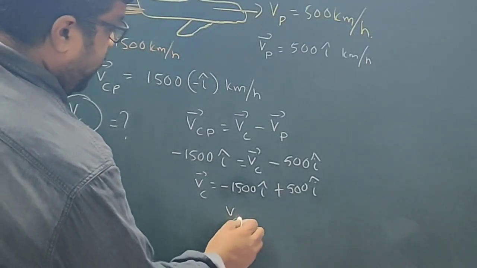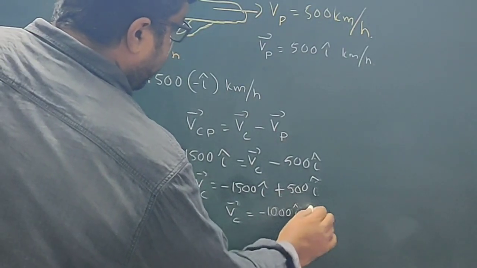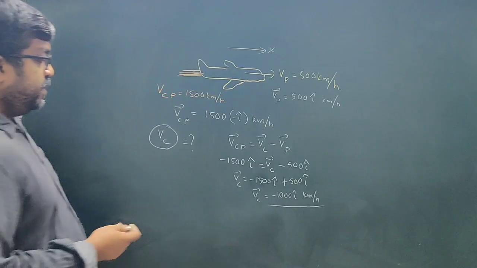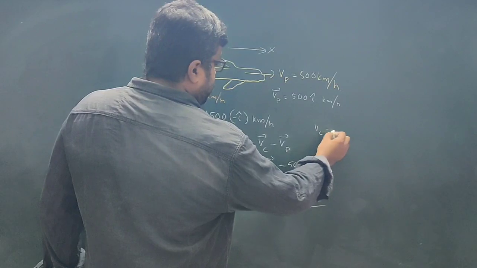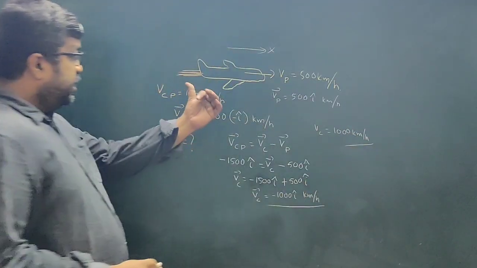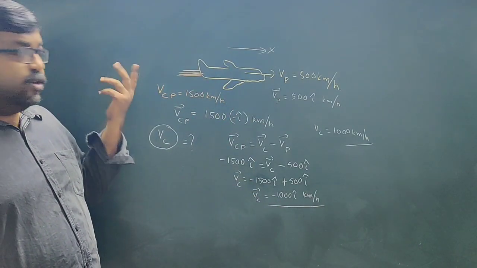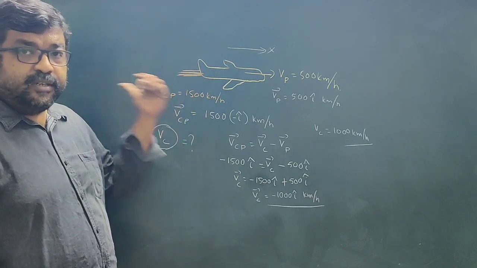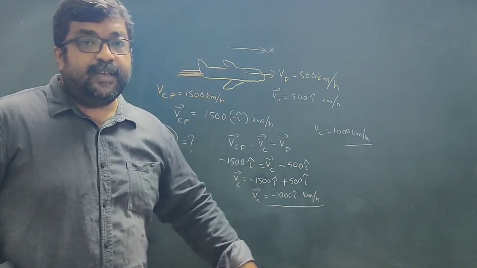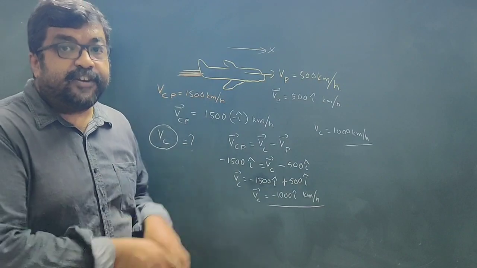So this gives Vc is equal to minus 1000 i cap km per hour. So that means the speed Vc is 1000 km per hour in this direction. This minus sign shows that the velocity is in this direction. Obviously, combustion products are moving in this direction. So this is the velocity of the combustion product as observed by an observer on the ground, that is with respect to a frame which is at rest.